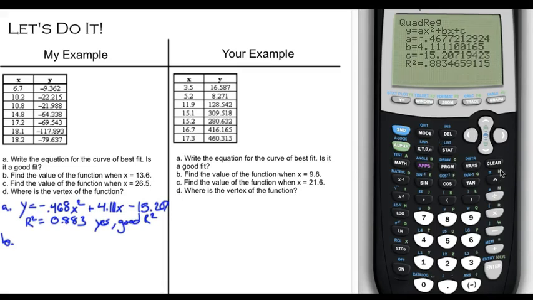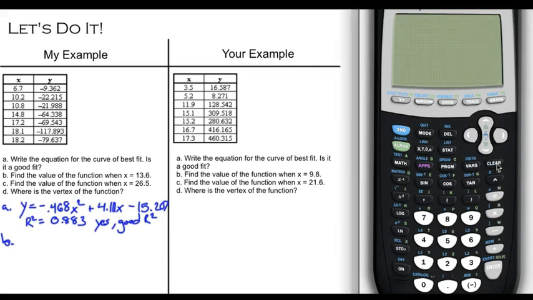And all I have to do in order to do this, and this is straight up calculator work, is take that value, x is 13.6, and replace all the x's in the equation with it. And so I can just type that in directly into my calculator, no more work necessary.